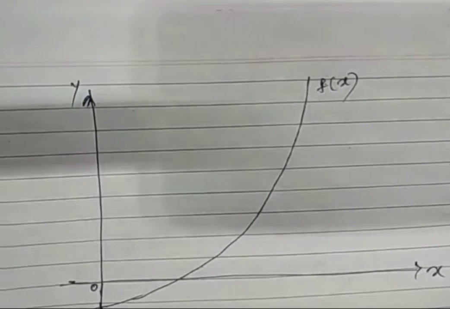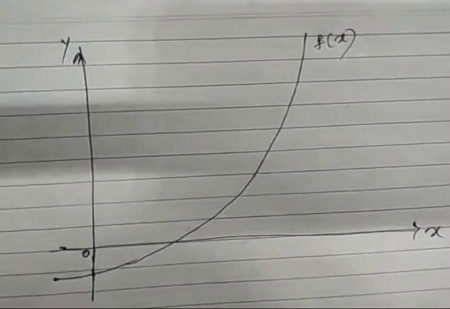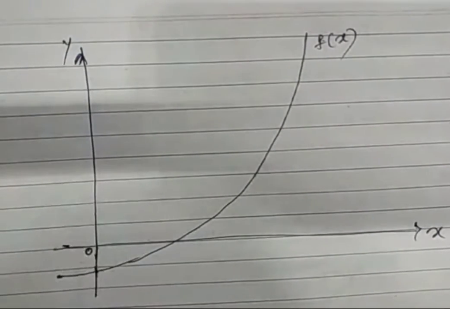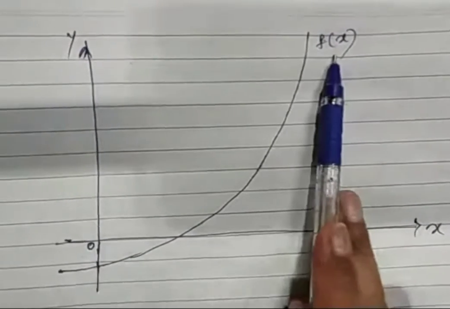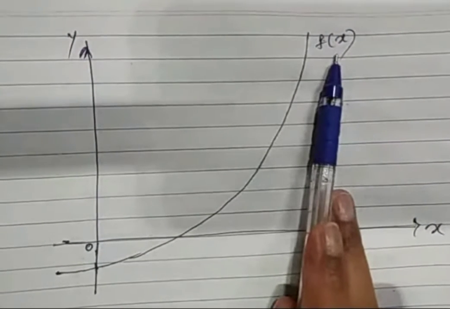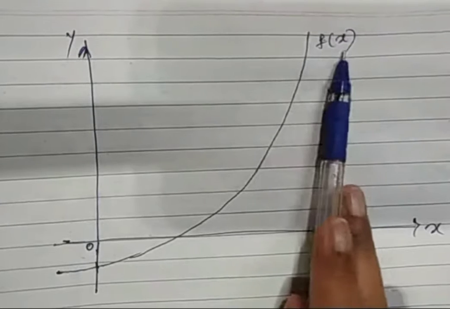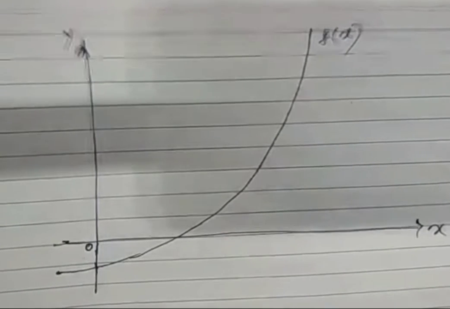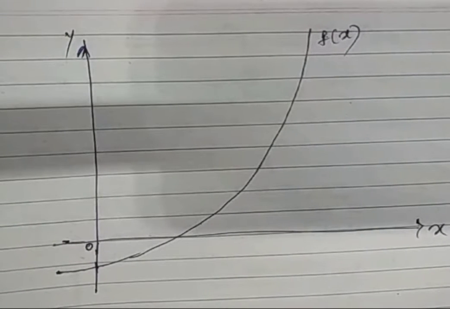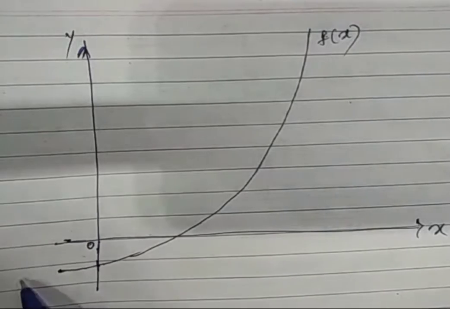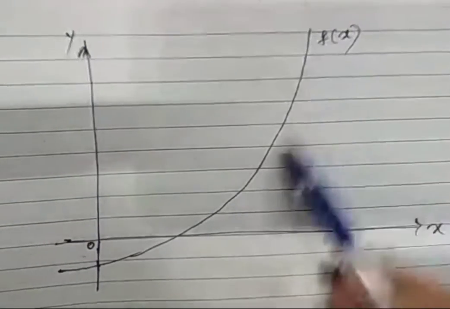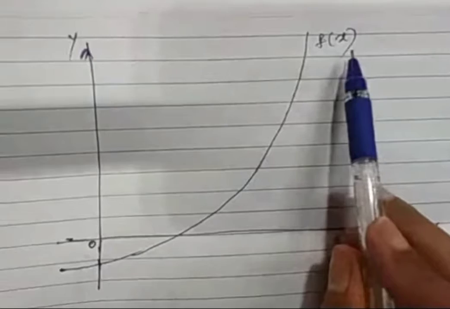This is the origin. In the question there is an equation f(x) = 0, and for this equation we are finding its root. So assume that this is the curve for the given function f(x).